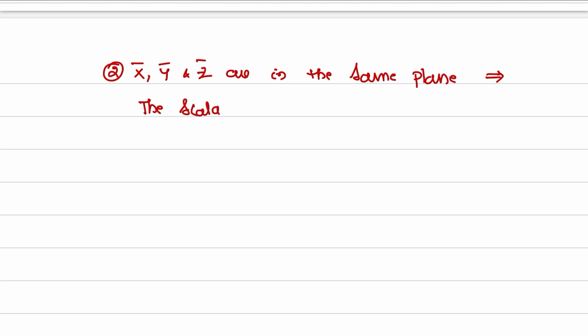the same plane. Capital X, capital Y and capital Z are in the same plane means the scalar triple product is equal to 0.